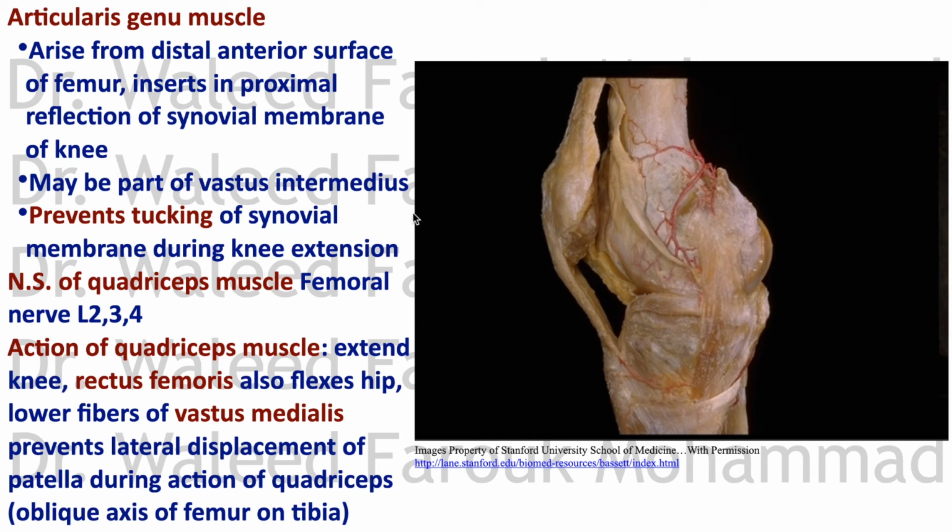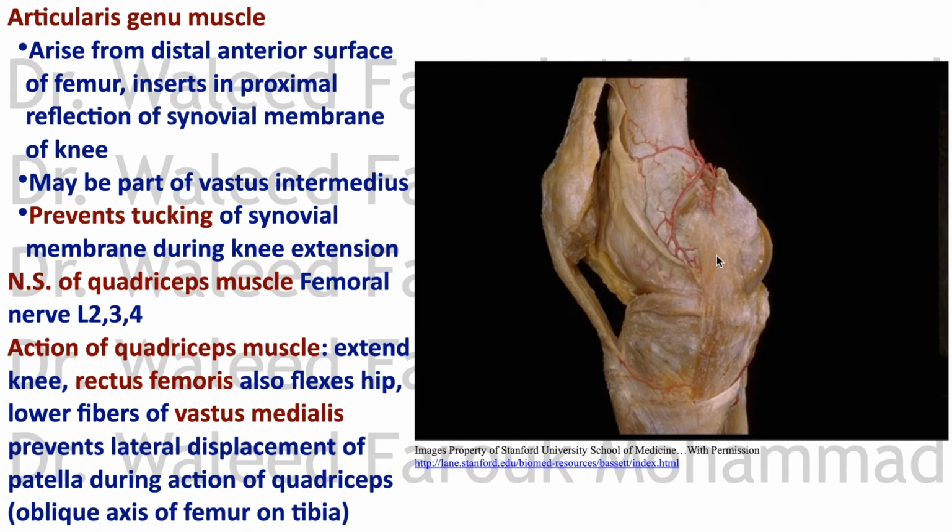The articularis genu muscle, the muscle we talked about, arises from the lower part of the femur or maybe part of the vastus intermedius and descends to attach itself to the upper recess of the synovial membrane of the knee. Why does it do that? Because in flexion of the knee, the synovial membrane will be pulled down.